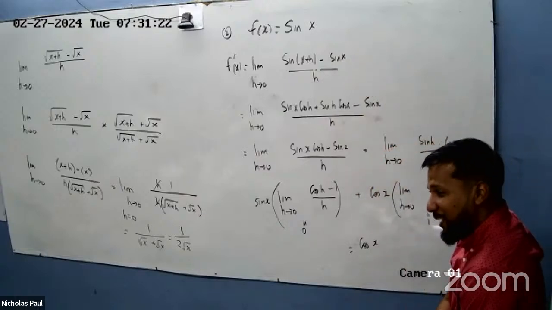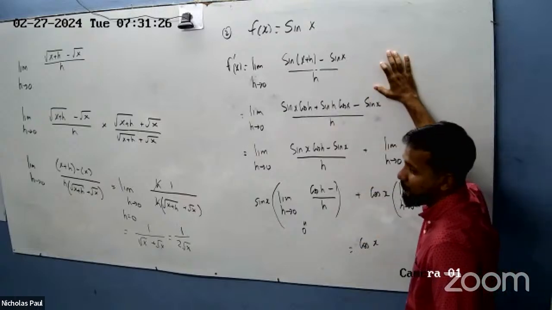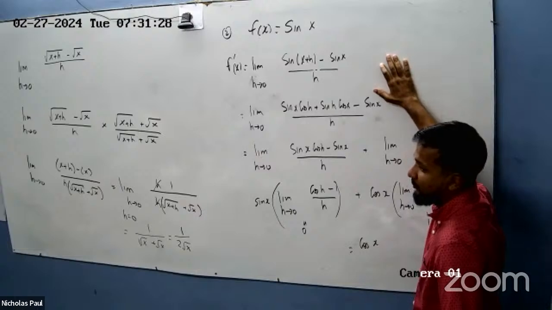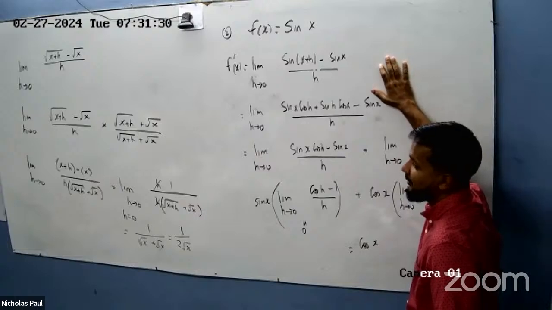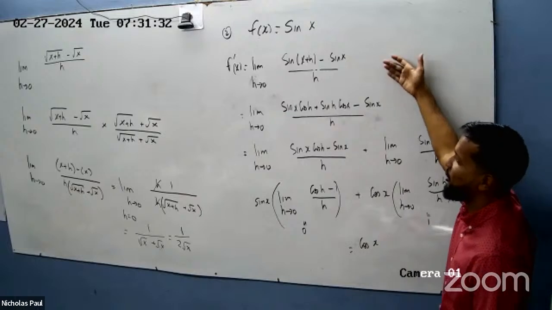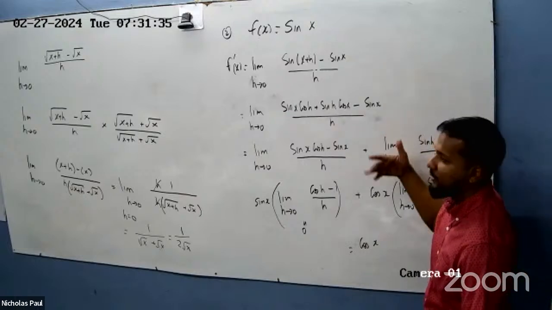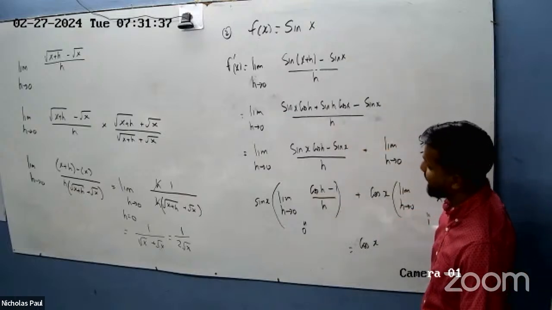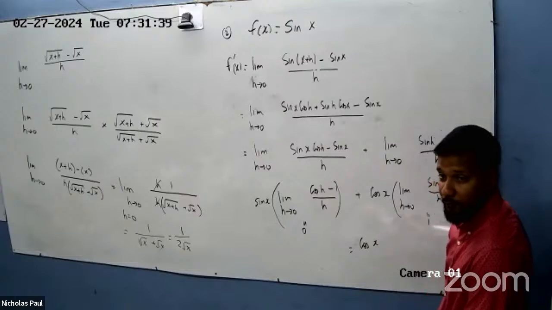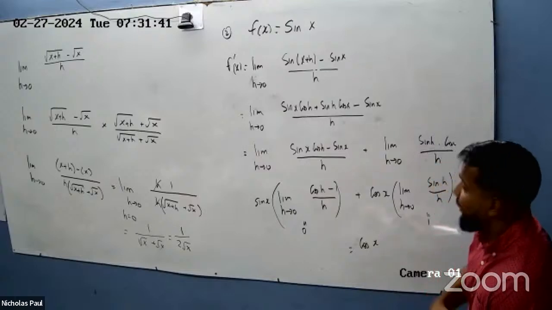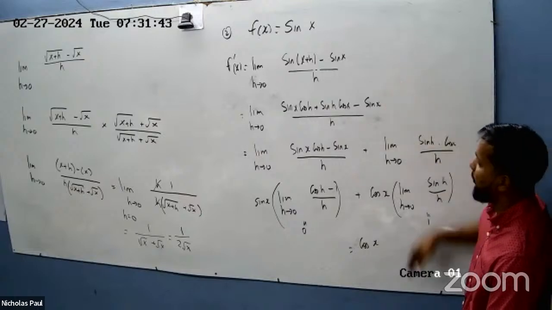But you still rationalize? So whenever it's trigs, you do an identity. Square root, you rationalize, right? Now look at this. You have to remember this identity and break it down.